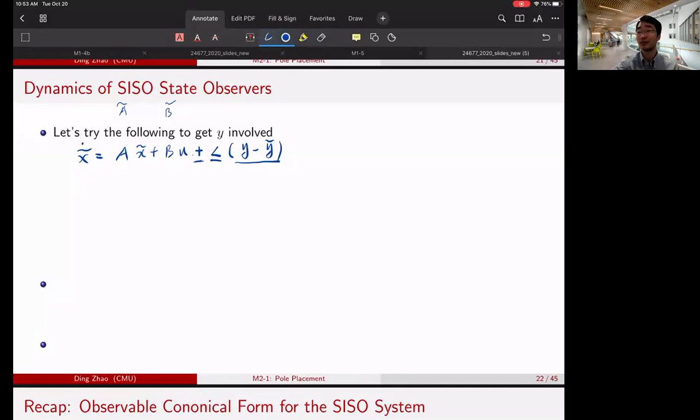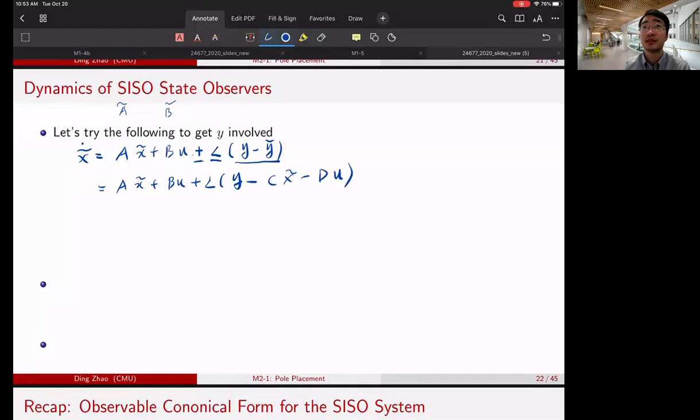So this is like a simple feedback control again for y, and we can do some derivation after that. So it's x tilde dot equals A x tilde plus Bu, because we know what is y, right? Plus L, y is your measurement, and y tilde is nothing but C x tilde plus D u.